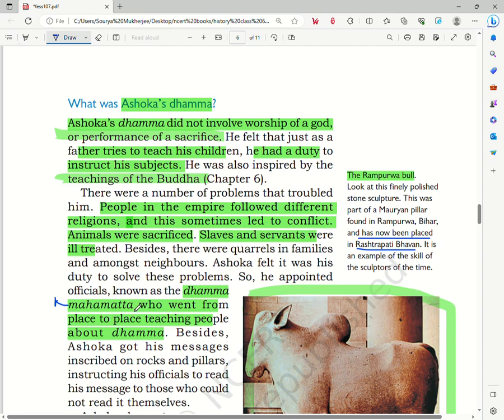So the Dhamma Mahamattas were officials who went from place to place teaching people about the principles of Ashoka's Dhamma. These people taught the people about Dhamma, and also kept vigilance that all the principles were followed in different parts of the empire.